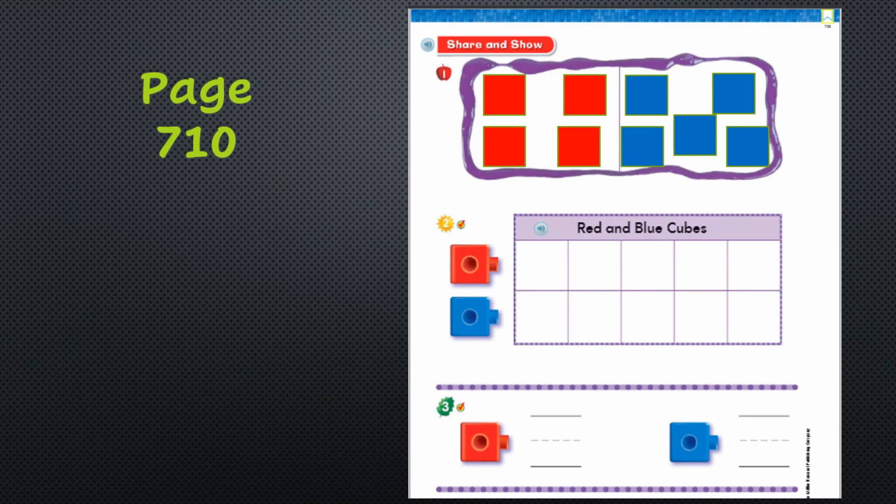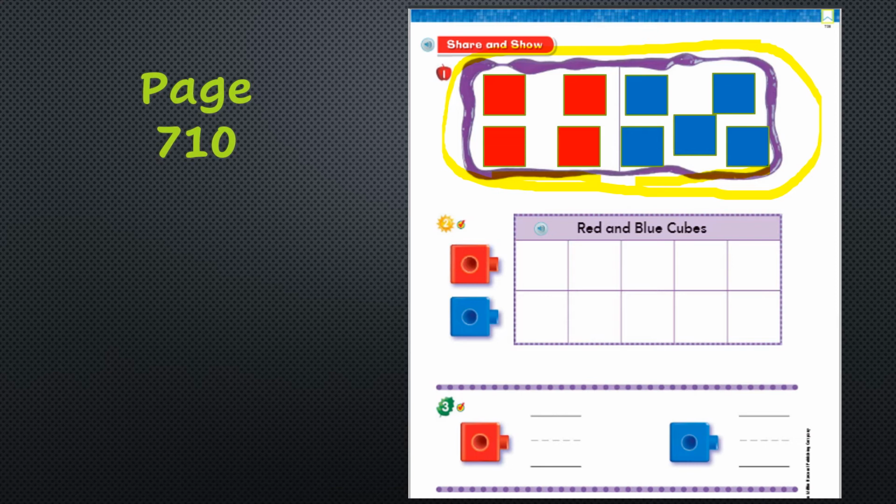If you notice, I've moved my group of shapes that I pulled out of the bag over into my classifying or sorting area up here at the top of the paper. And I have classified my cubes, or my squares, into 2 different groups. And those groups are red cubes and blue cubes.